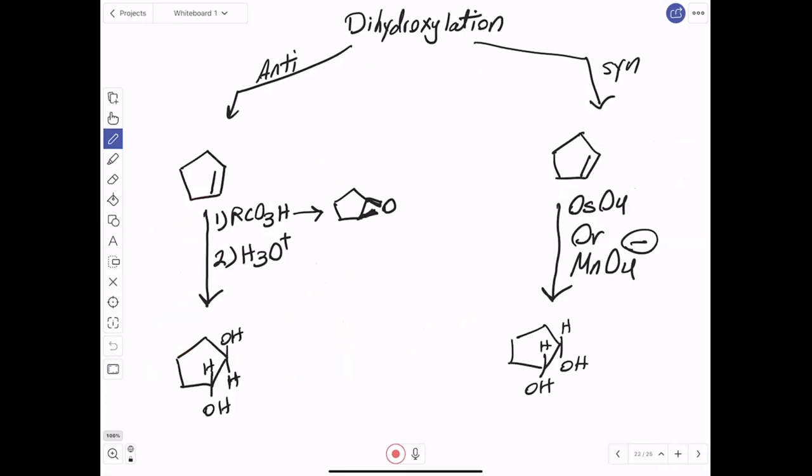So dihydroxylation of alkene can be anti or syn. For anti-dihydroxylation, the reaction is 2 steps. Step 1 is reaction with peroxy acid that gives an epoxide. Step 2 is H2O and acid. It gives the final product, which is, for example here, a trans diol.